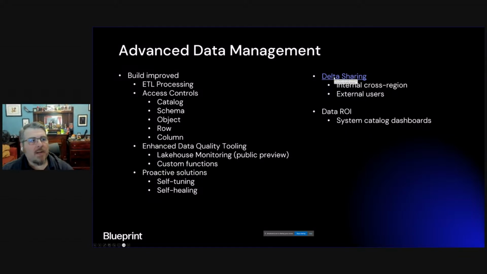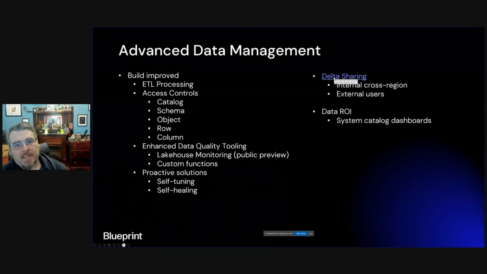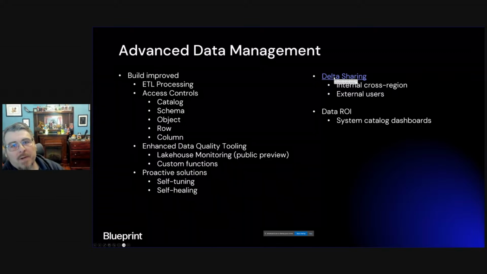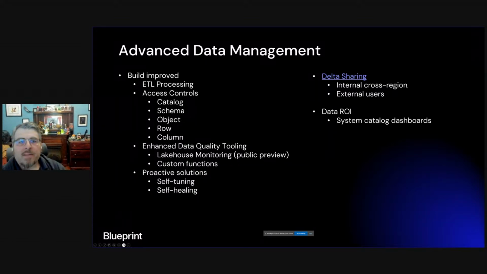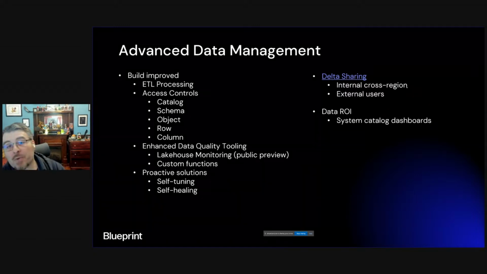I didn't go into it in a lot of detail up to this point. If you have the need to share data outside of your region or outside of your organization, Delta sharing is the way to go, and that requires Unity Catalog first and foremost. Delta sharing can allow you to set up a copy of your data that's only accessible to someone with a certain token or a certain level of access. And there's no limit to where that user resides.